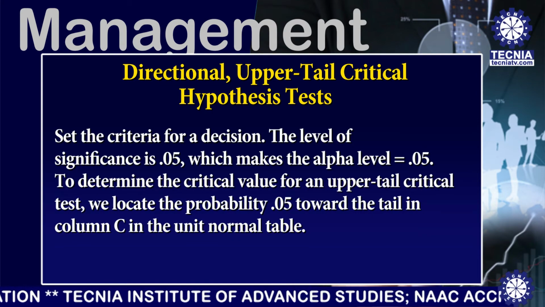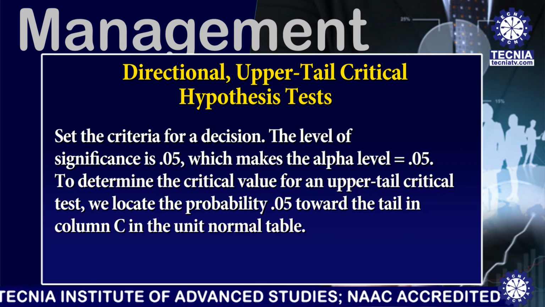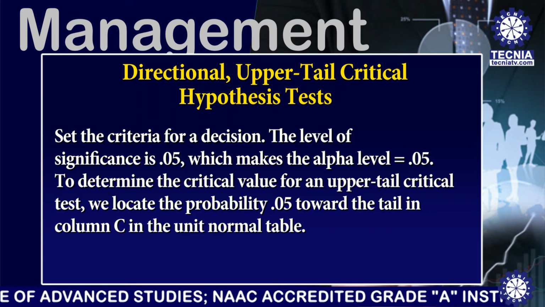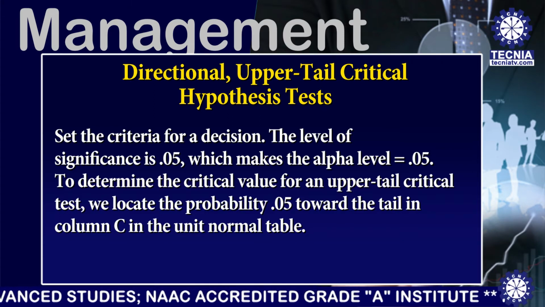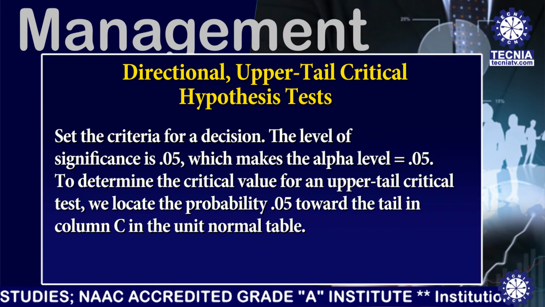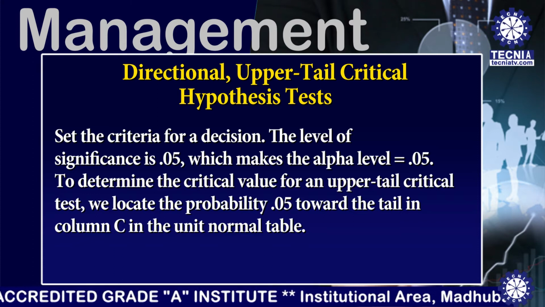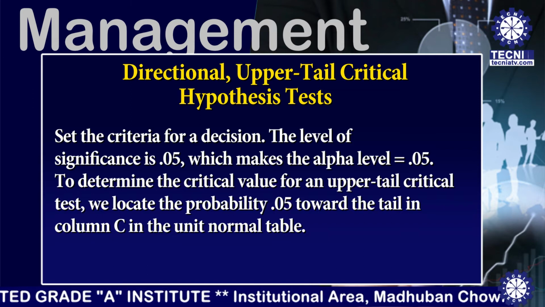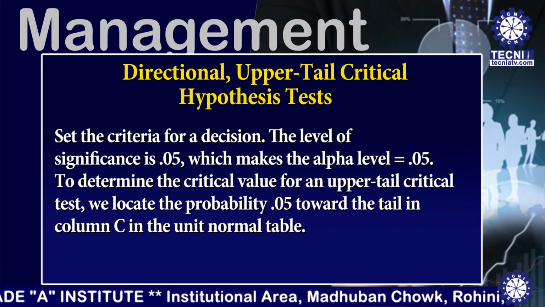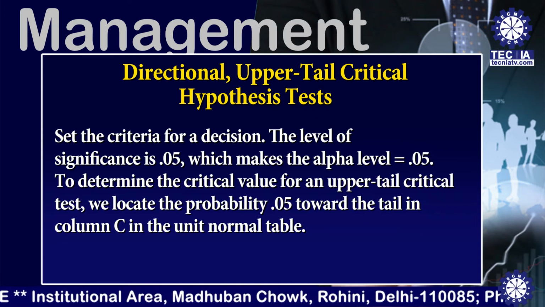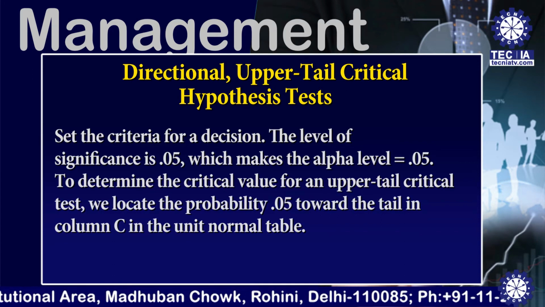Now, I am explaining step 2. Step 2 is concerned with setting the criteria for a decision. The level of significance is 0.05, which makes the alpha level equal to 0.05. To determine the critical value for an upper tail critical test, we locate the probability 0.05 toward the tail in column C in the unit normal table.